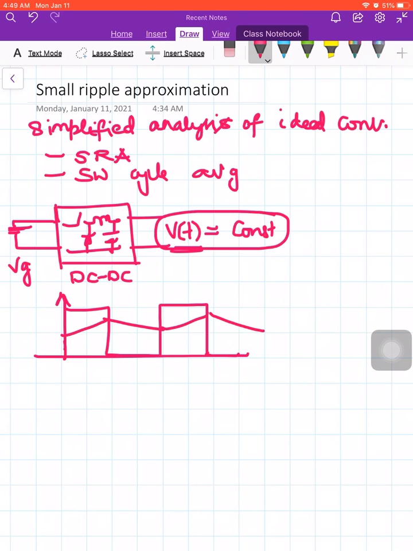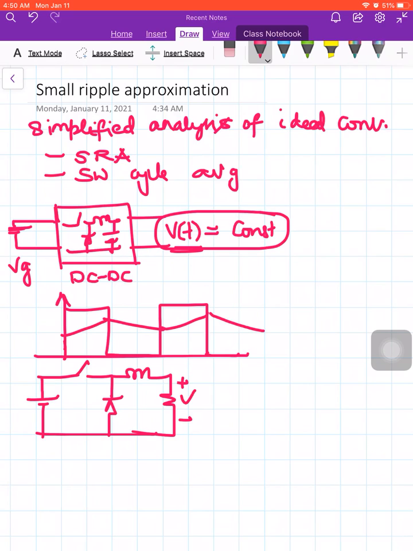right? So what I'm talking about is a chopper in which we have a switch and a diode and an inductor and a resistor. This is the simplest configuration.